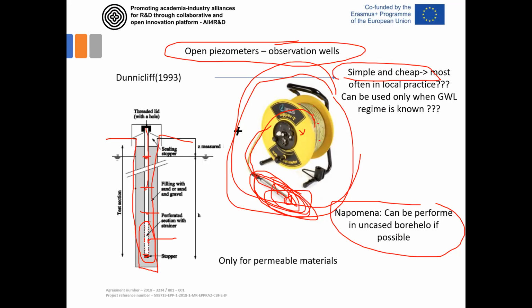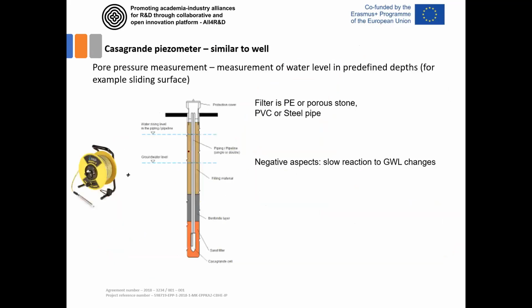Why? Because maybe we have some layer of impermeable soil here, and we have some water level here. Down below we have maybe some other permeable soil with some water streams, but this way we'll have the water from uphill coming down. So this is not appropriate for measuring the water.